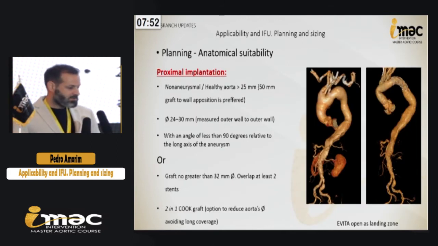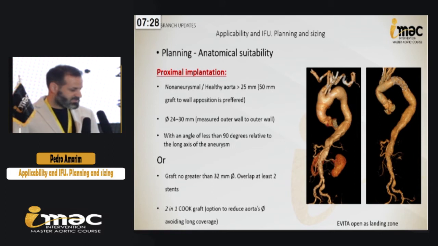As I said, we need a good proximal implantation zone, ideally a healthy aorta with a length of more than 25 millimeters, with a diameter somewhere between 24 and 30 millimeters, measured outer. Without very big angulation; avoid 90 degrees angulation.